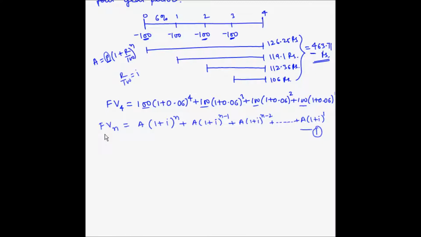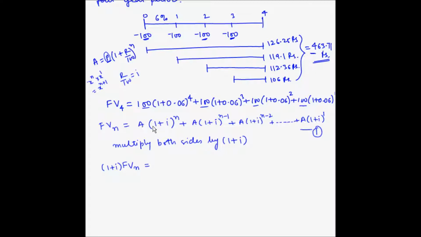Now let's multiply the left hand side and the right hand side by 1 plus I. So multiply both sides by 1 plus I. So then we'll get 1 plus I into FVN is equal to, now every term will get multiplied by 1 plus I. So now we know that x to the power n into x to the power 1 is x to the power n plus 1.